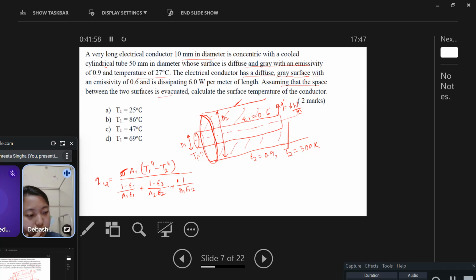Now if I divide this by A, both the numerator and denominator, how much do I get? This is just simplification. You can directly calculate from here also.